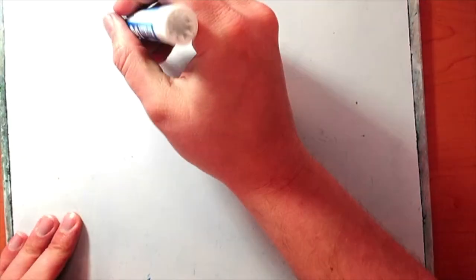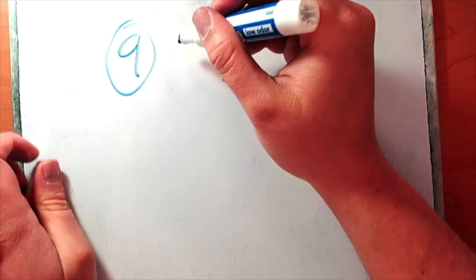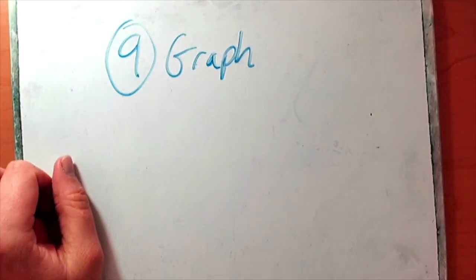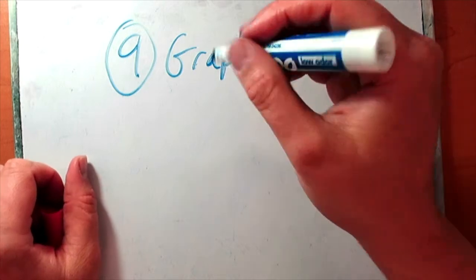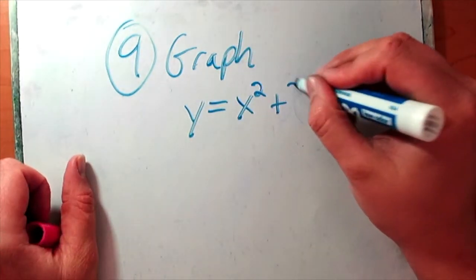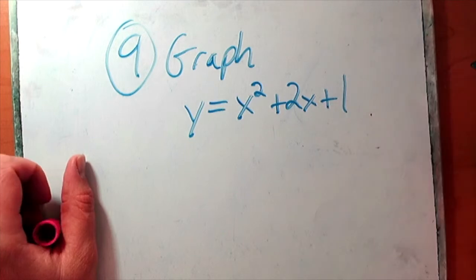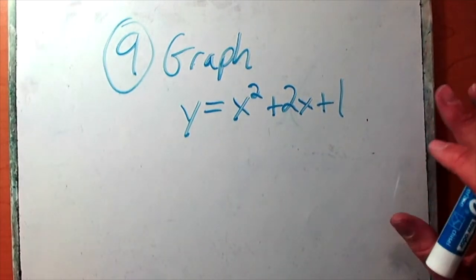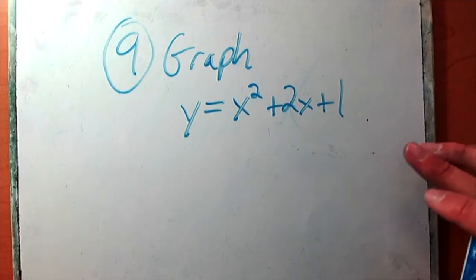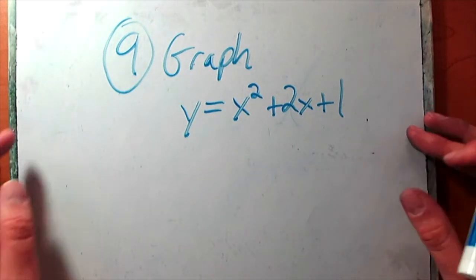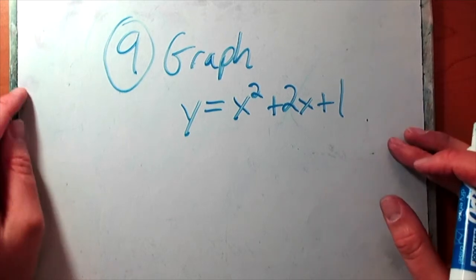And question 9. We want to graph y equals x squared plus 2x plus 1. Now, Sarah, grade 12 math is where you really start to see these things with knowing all the different kinds of math that you know, with knowing the factors and things like this.